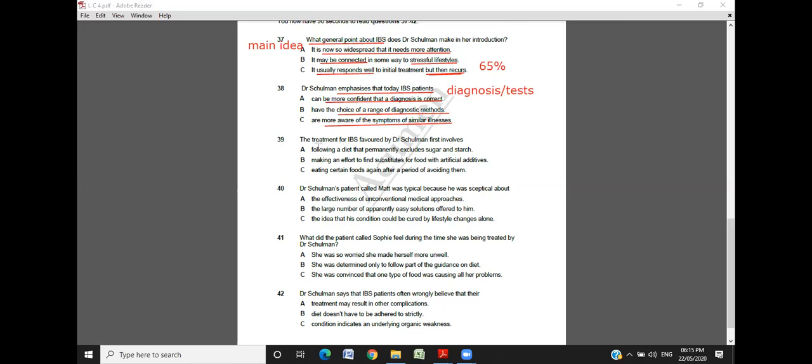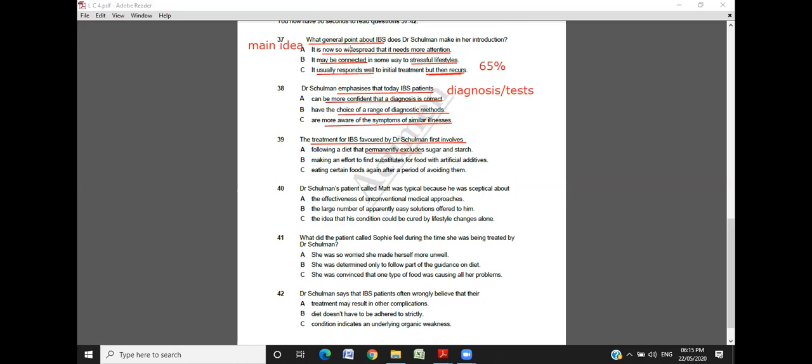Then the treatment. Okay, this is also a main idea question. What does the treatment involve? Following a diet that permanently excludes.